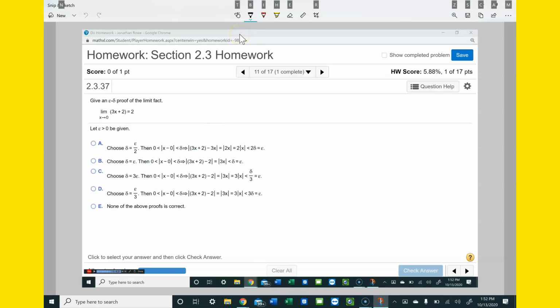All right, here we're going through the whole epsilon delta proof in parts. So we want to do the absolute value of f of x minus L. So that's going to be 3x plus 2 minus 2 to be less than epsilon for any x minus 0 less than delta.